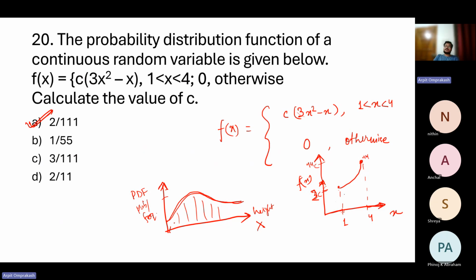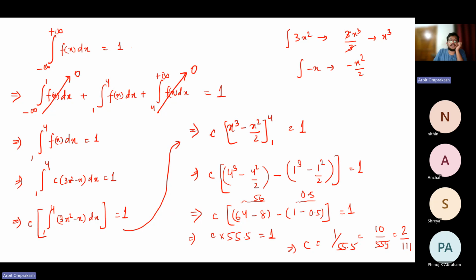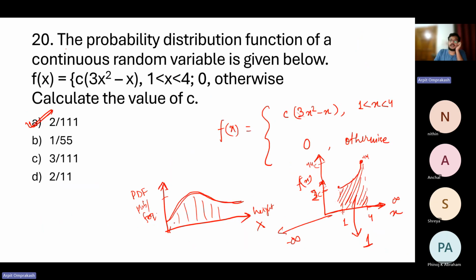So what we are saying is the integral, or basically the area under this whole curve from minus infinity to plus infinity, is equal to 1, because we are talking about probabilities here. So that is what we have written here, that from minus infinity to infinity, since this is a continuous distribution, we will be taking the integral of it, right?